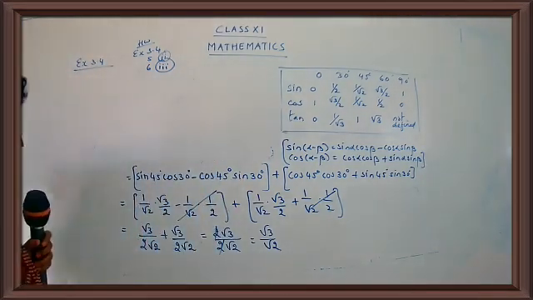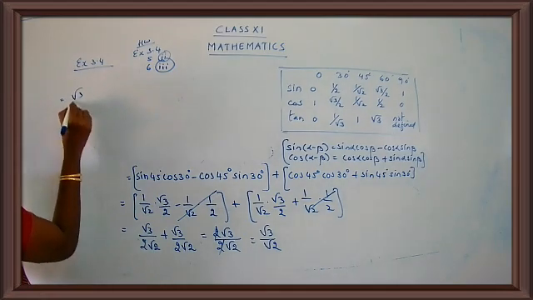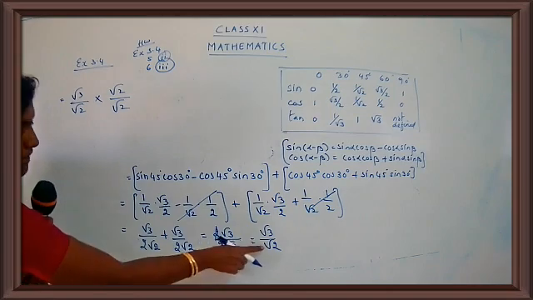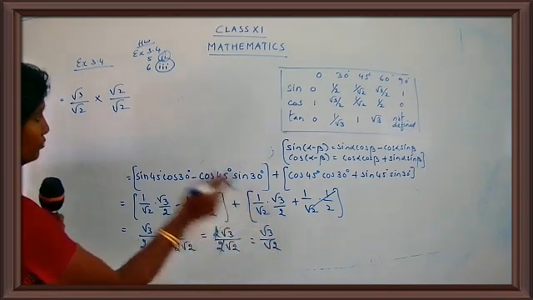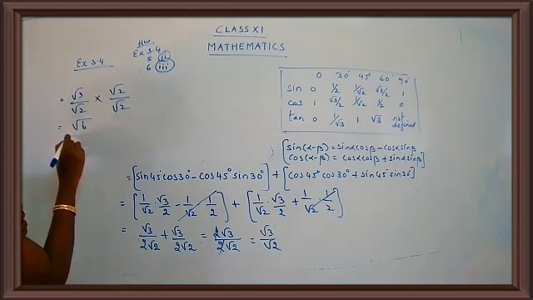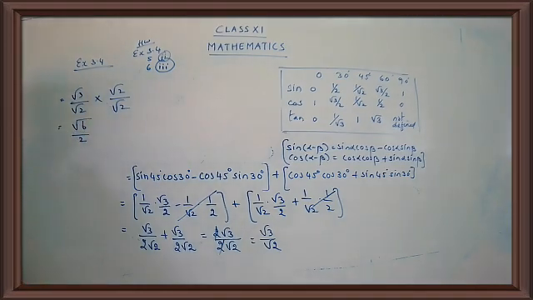So root 3 by root 2 into root 2 by root 2, right? That is, you have to rationalize this. So multiply by root 2, root 2. Root 3 into root 2 gives you root 6 upon 2. So what is the answer for sum of roots? I have found the answer for sum of roots as root 6 by 2.